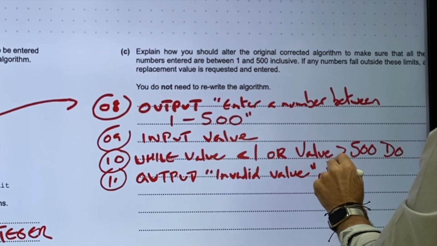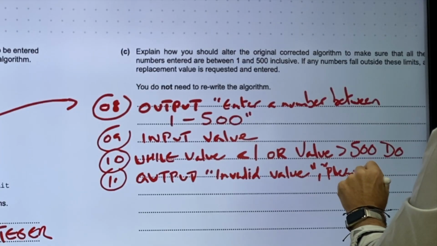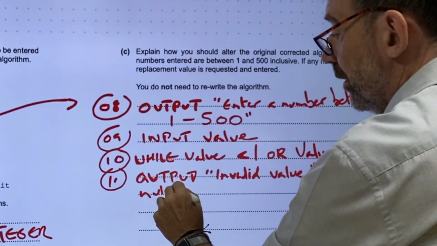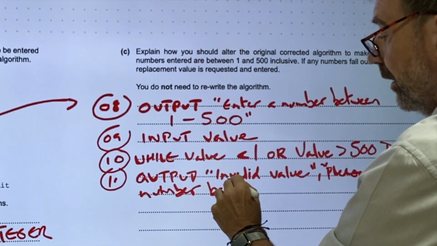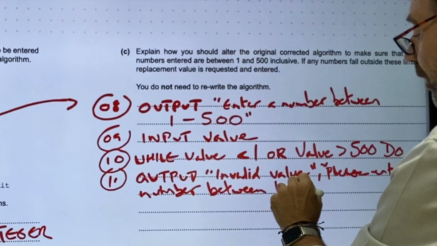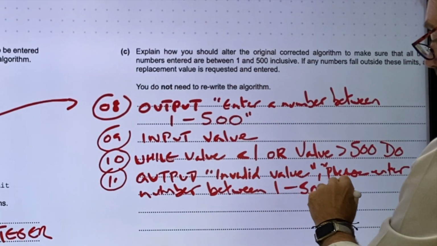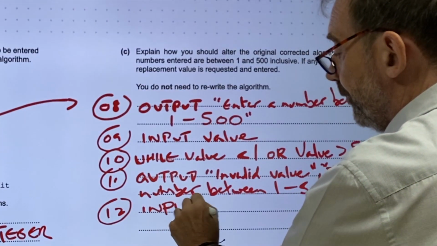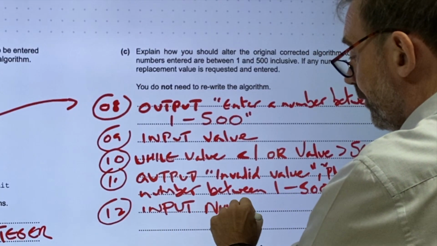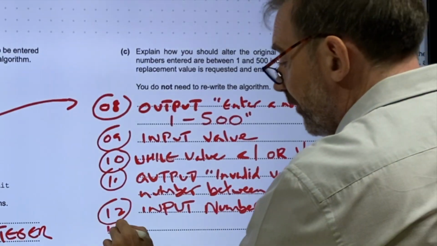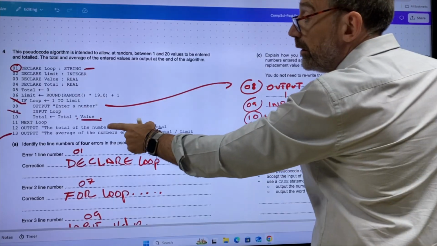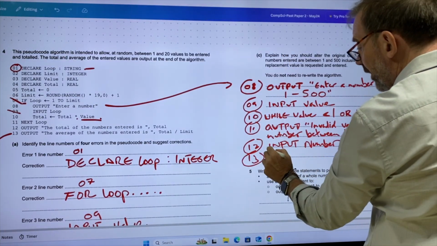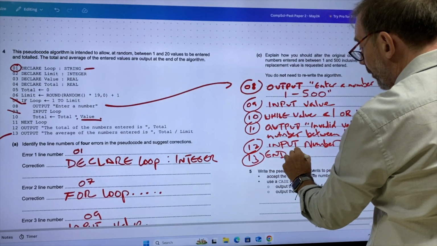Please, another quote, please enter number between 1 and 500. Okay, line 12, input number. And line 13, finally, input number. End while.